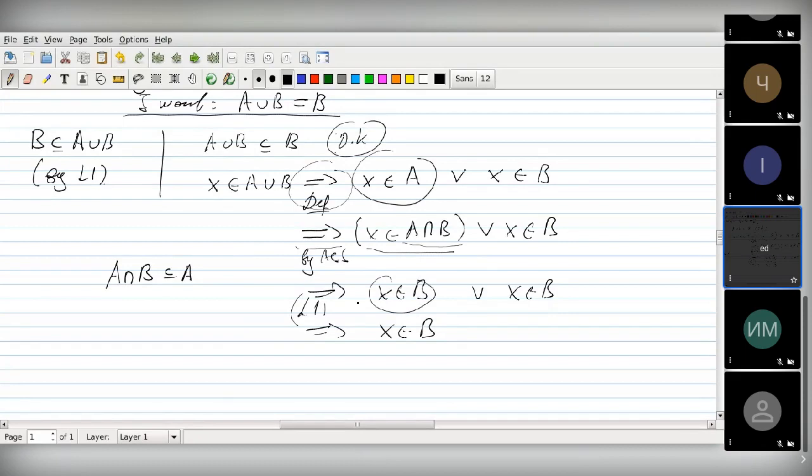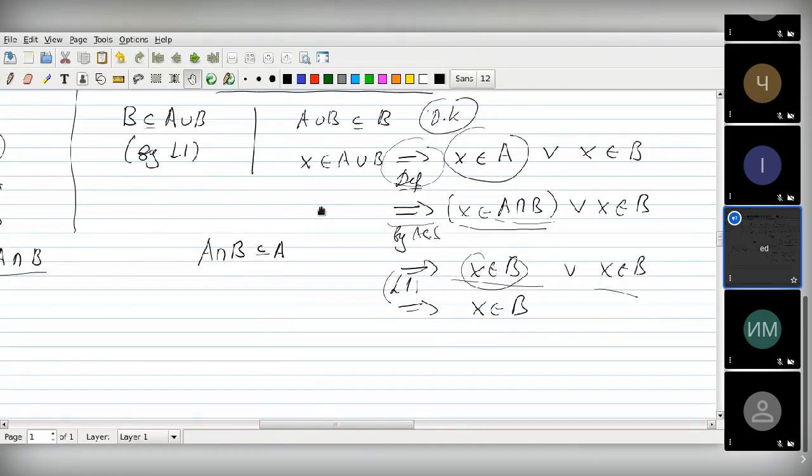Thank you. So I have two cases, and in each case, I have that X is an element of B. Hence, it's always true that X is an element of B. So I hope that's clear.